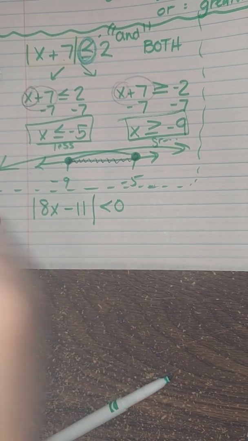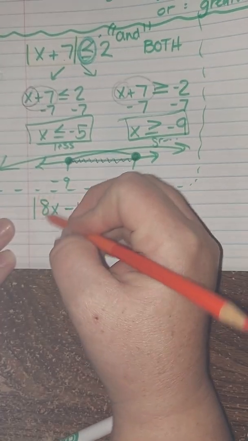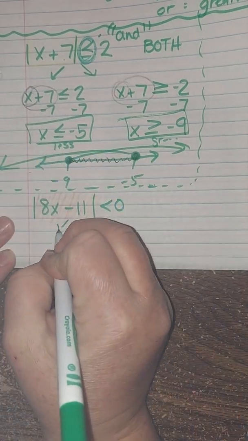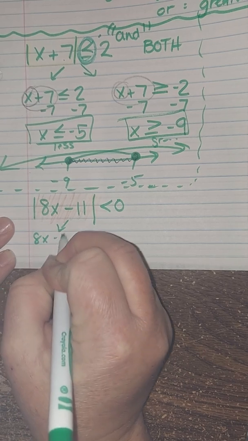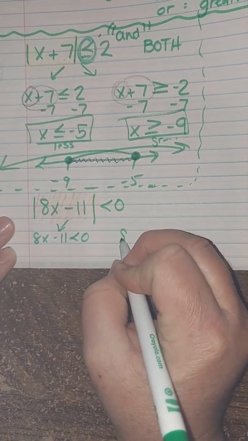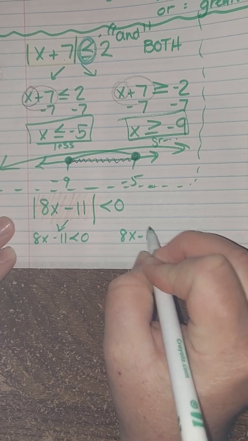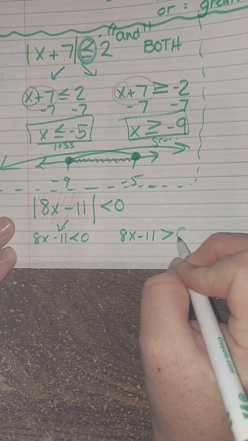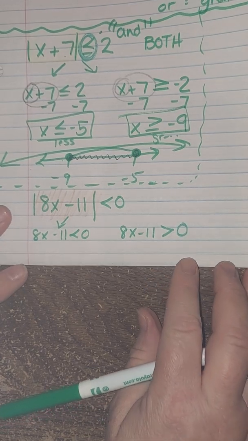Am I all by myself? I am. I am all set, so I can write two scenarios. 8x minus 11 is less than 0. This is weird. And 8x minus 11, oh, flip the sign. How do I make a negative 0? Well, I don't. I just make it 0.